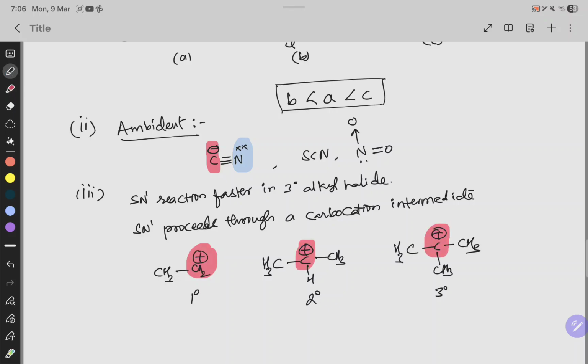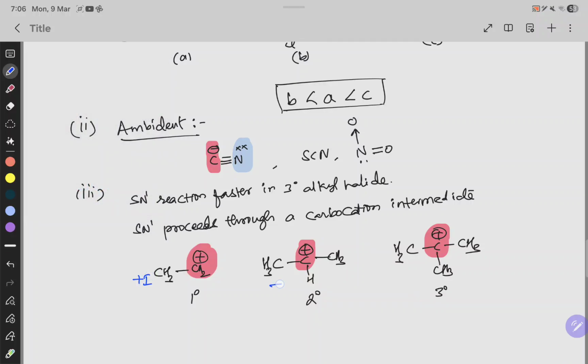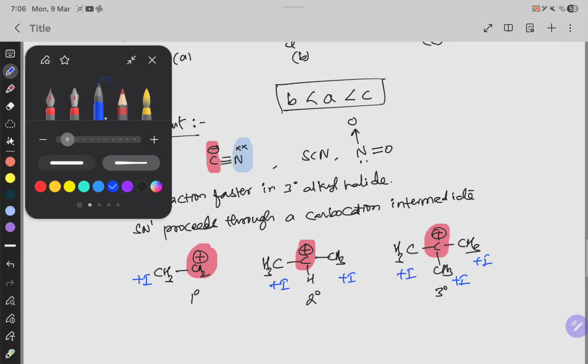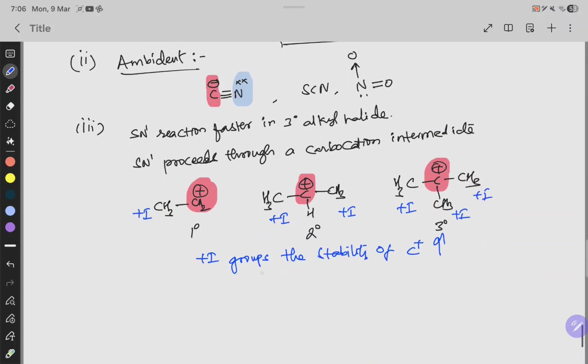And the alkyl groups are +I groups, meaning electron donating groups, electron releasing sites. So as the electron density increases, the stability of the carbocation increases. So in the presence of more +I groups, the stability of the carbocation increases.